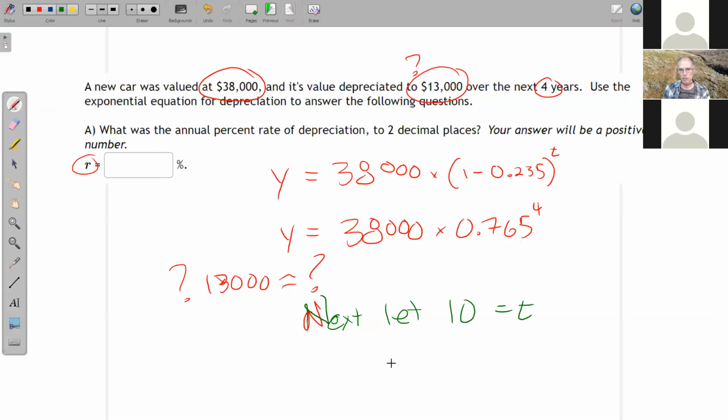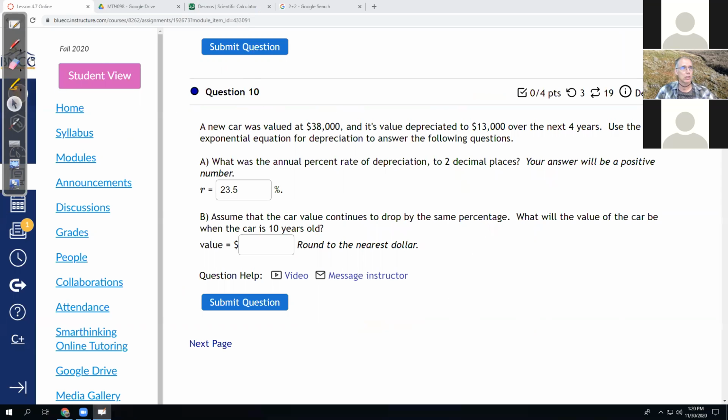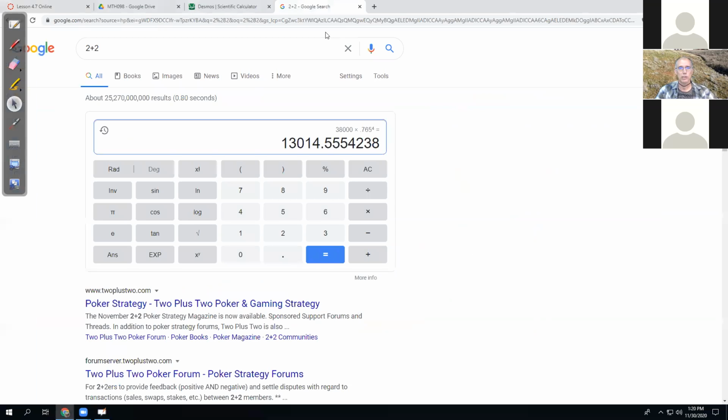And so on my calculator, I just simply ask what is 38,000 times that 0.765 that I cleaned up above to the power 10. So that last part's pretty straightforward. The hard part was part A. But I might as well get credit for it while I'm here. Calculator, please.